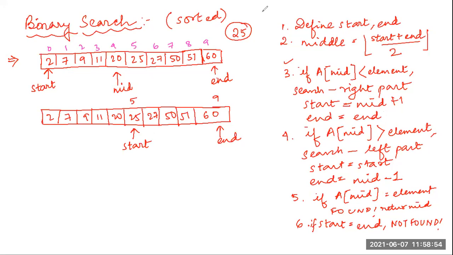I will just change to another color so that it is better for you. Then again I will go on in the same loop. Again I will calculate 5 plus 9. 9 plus 5 is 14. 14 by 2 is 7.